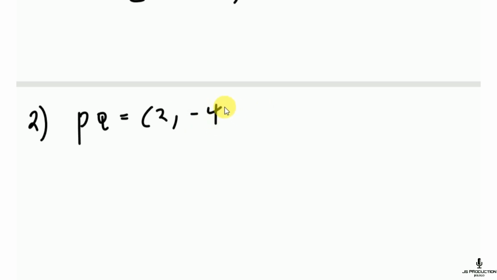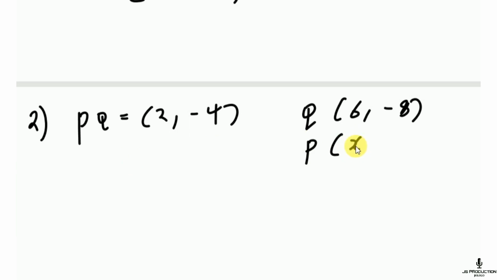Then I've only been given point Q, which is 6, comma negative 8, and I don't know point P. Point P I don't know, so I can say that to be my XP and my YP.